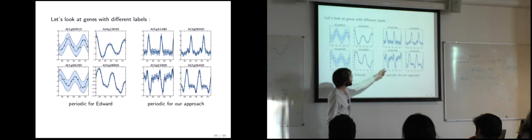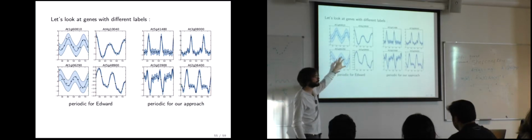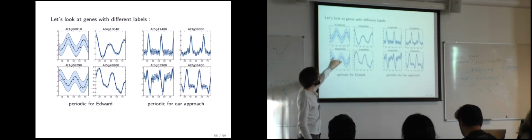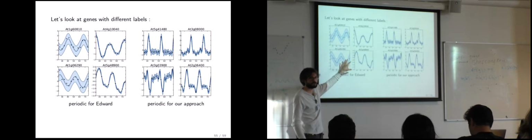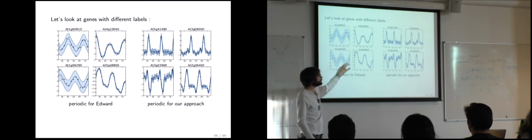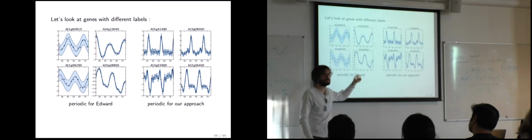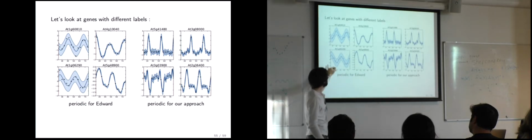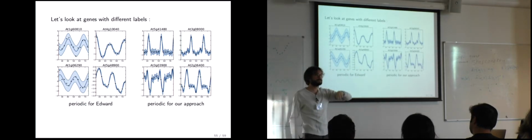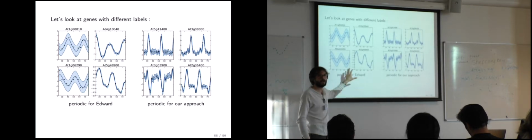These couldn't be retrieved by the previous method because it was only using one cosine function to identify the periodic genes. With linear regression, you can't use a lot of basis functions because linear regression does not filter the high frequencies. So if you were to put in a lot of periodic functions with a lot of frequencies, you would end up fitting the noise and having a lot of high frequency components in your signal.